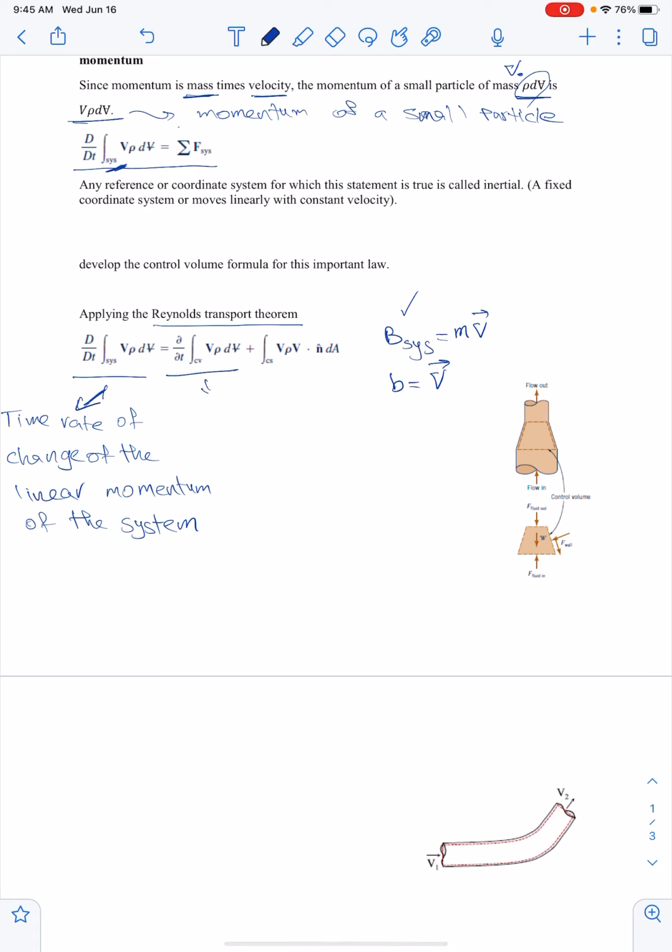And this one right here is the time rate of change of the linear momentum of the content of the control volume.